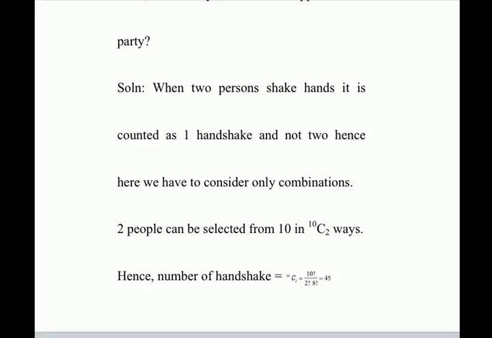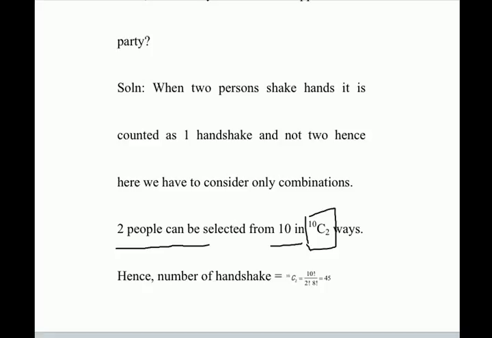So essentially what the problem is saying, if you want it in the context of combinations, is that we have to consider 2 people, how can they be selected from 10 people? So that can be done in 10C2 ways.